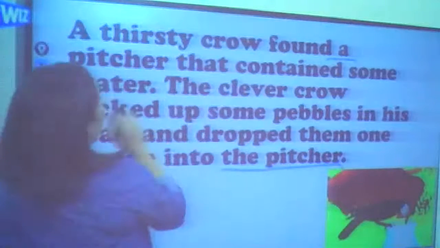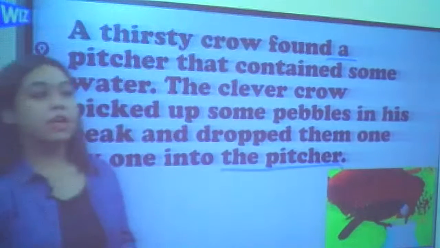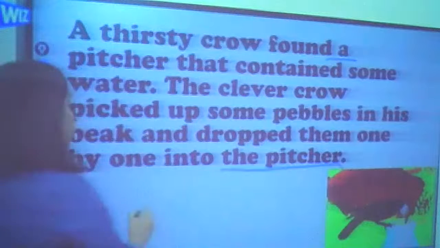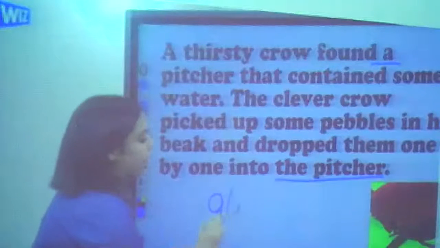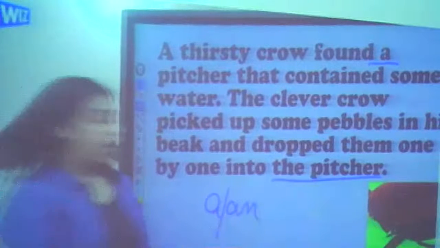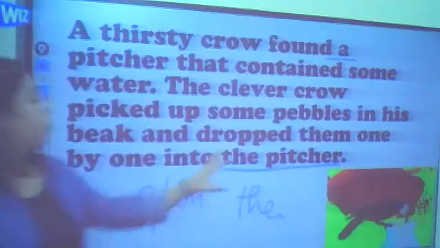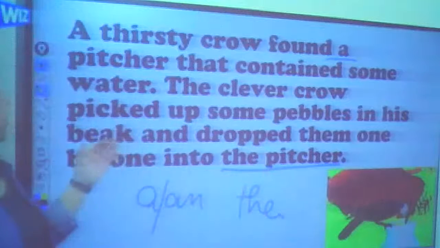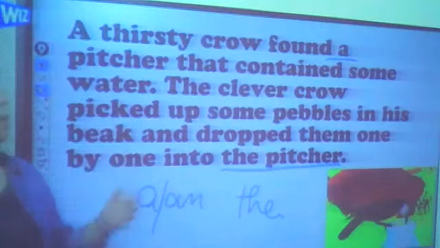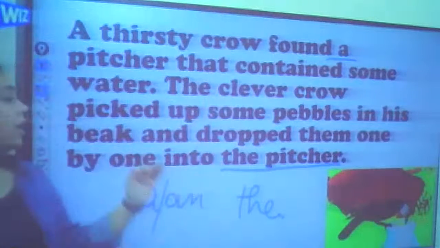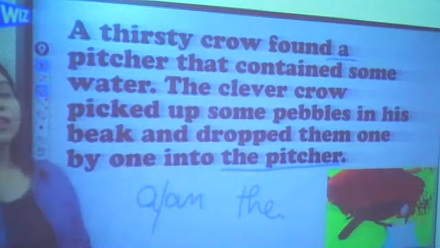Now, what I'm trying to explain here is that we cannot cram where we are going to use the article a or an, or where we are going to use the article the. Now you see the word picture remains the same. Picture, same. But we've used a before, now we've used the before. What is the logic behind it?